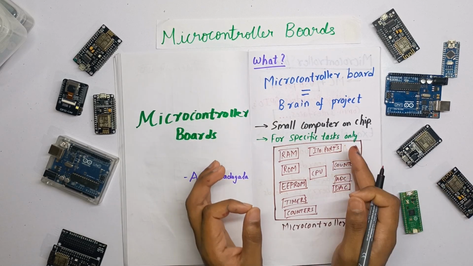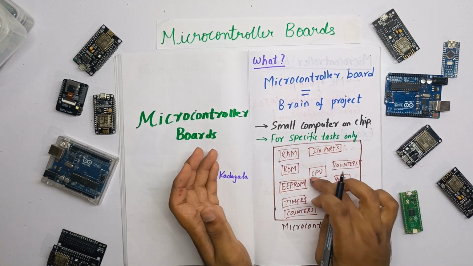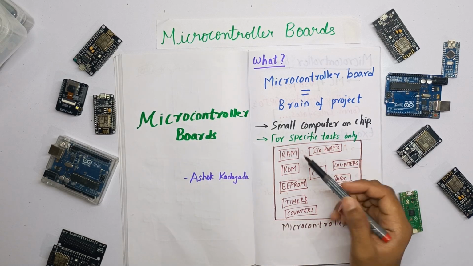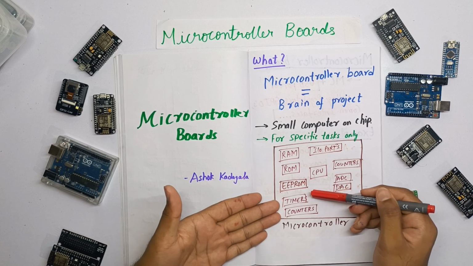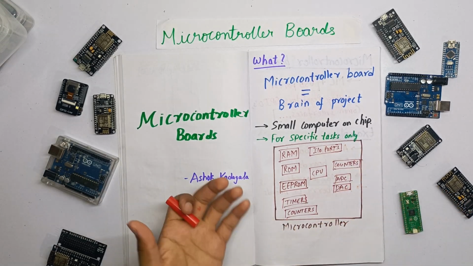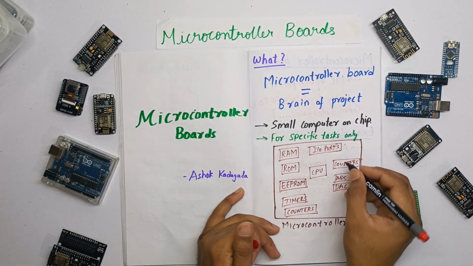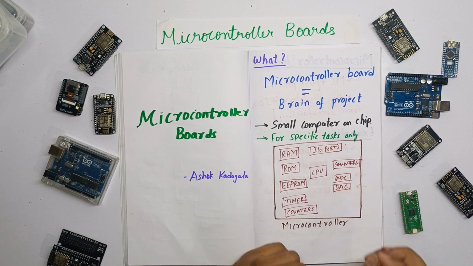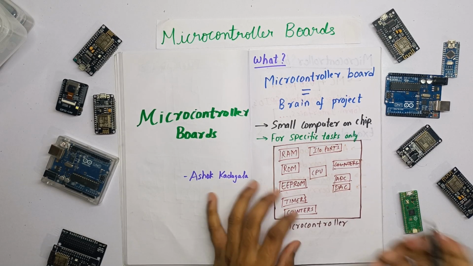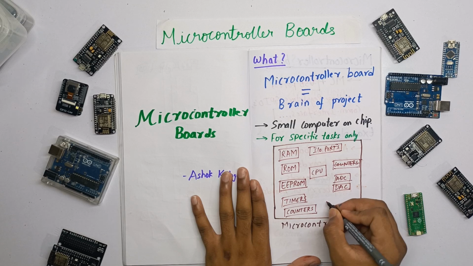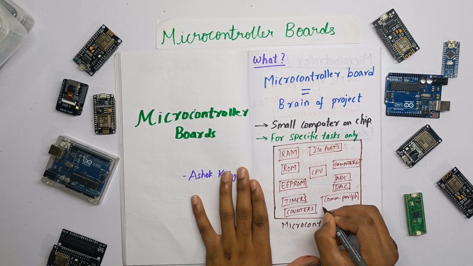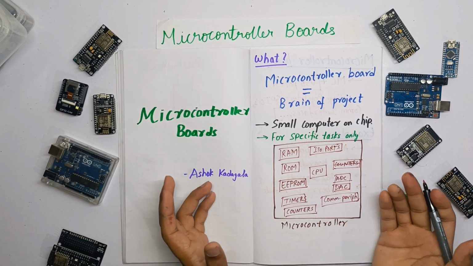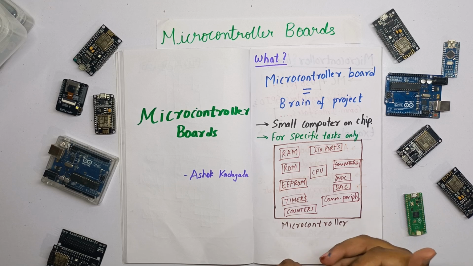It has an onboard CPU and all the memory requirements, timers, counters, and it also has some communication protocols, communication peripherals we call them, like UART, SPI, and so on.